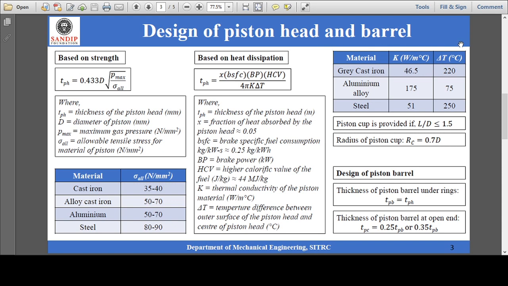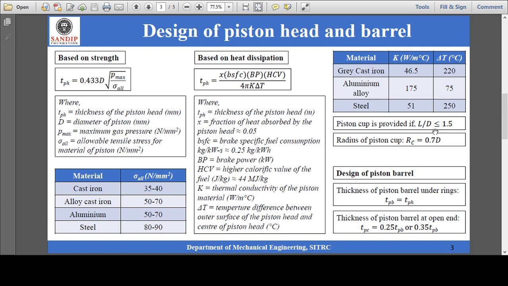The following table gives value of thermal conductivity and temperature difference for various materials. It can be noted that usually better thermal conductivity results in lesser temperature difference. A decision whether a piston cup has to be provided or not is taken based on the value of ratio of stroke and bore.